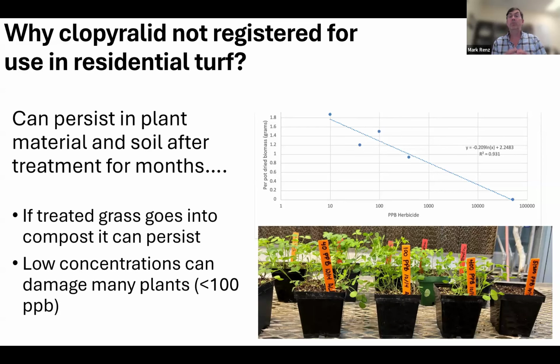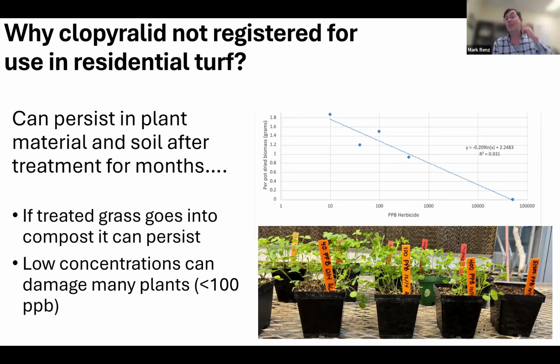Well, what we found is when we do that, this active ingredient clopyralid can persist through that composting process, and the resulting compost, when we put it back into the environment, will still have low levels of clopyralid present. And even though it's low levels, it's enough to cause injury to many sensitive plants in the bean family or legume family, as well as the sunflower family and the solanaceous family or tomato group.